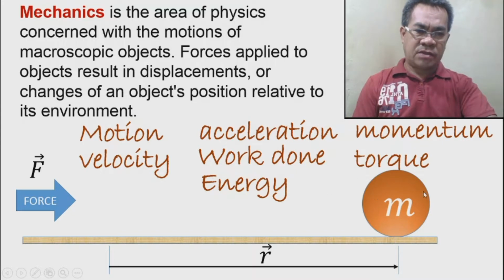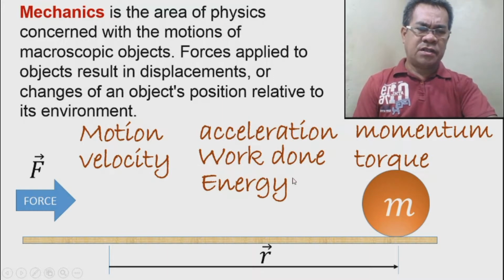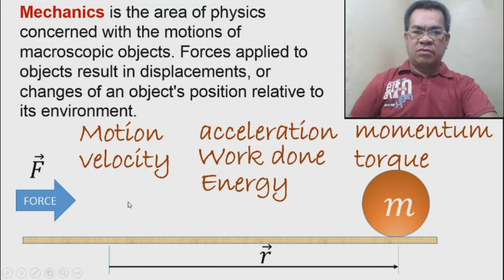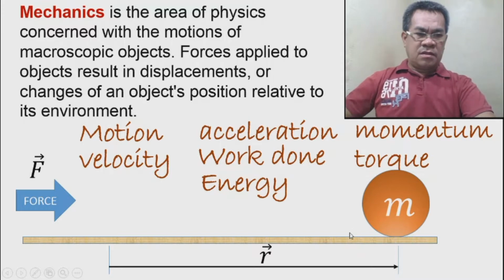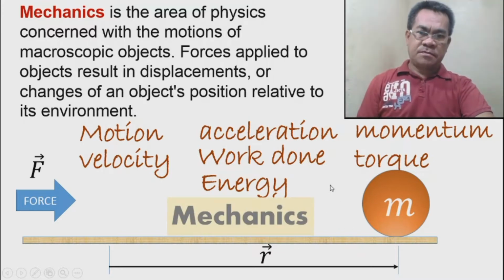This rotates because of the forces interacting on this particle. These are only a few of the results, or the physical quantities, involving interaction between two particles, the applied force and the subjected force. So these are the mechanics.